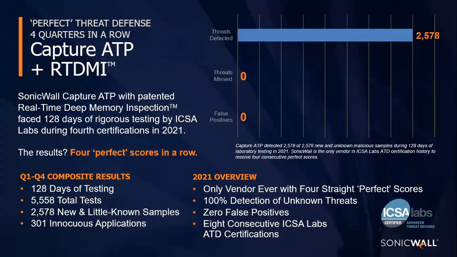This report was tested by ICSA Labs. With Capture ATP and RTDMI technology, around 2,570 threats were detected, with zero false positives and zero threats missed. From quarter 1 to quarter 4, over 128 days of testing, there were 5,558 total tests.